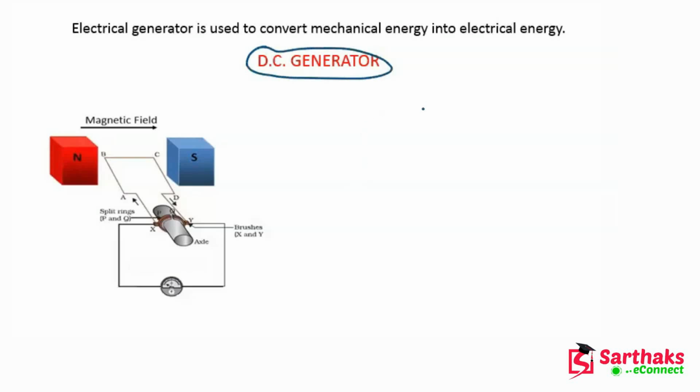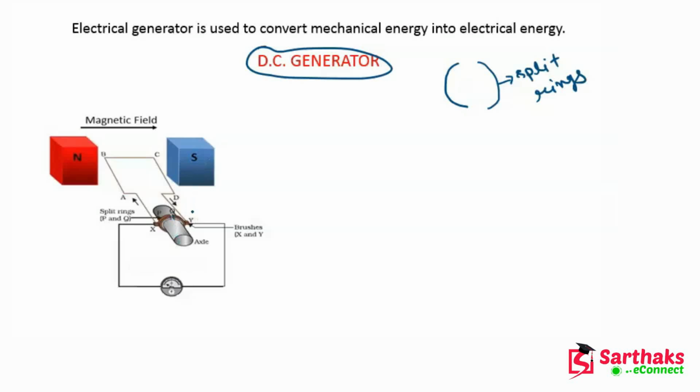So what happens guys, if we want to convert our AC generator into the DC generator, then we have to make a very simple change, and that change is that we have to use these split rings instead of slip rings. These are what? Split rings. You can see these are split. So these are the rings which we use in the DC generators.